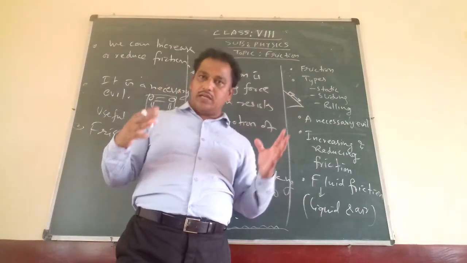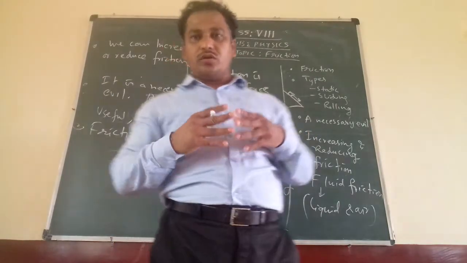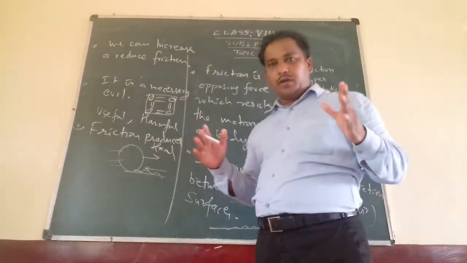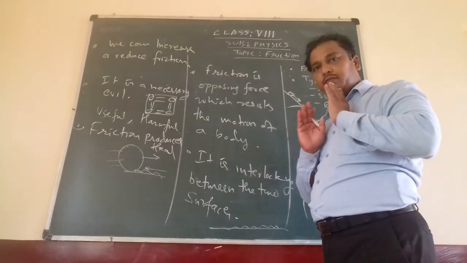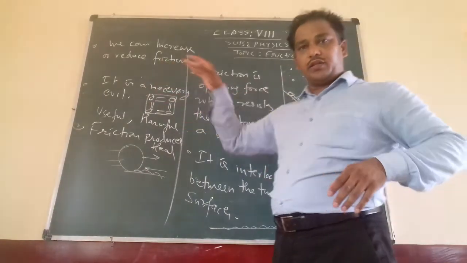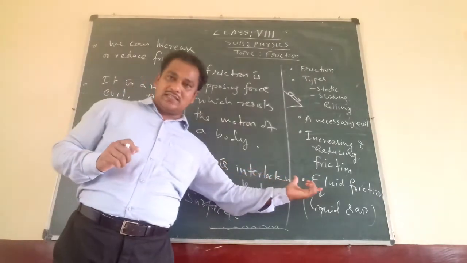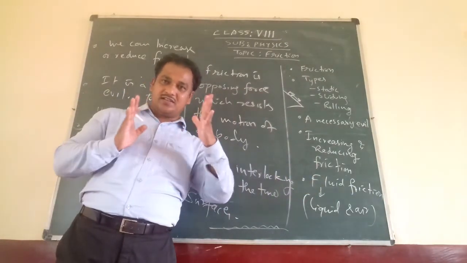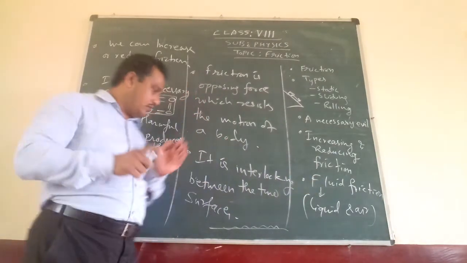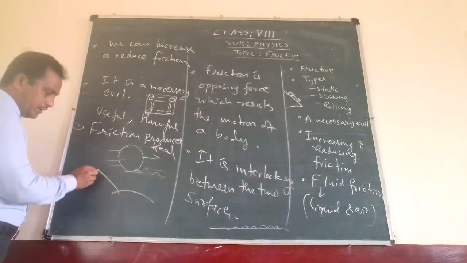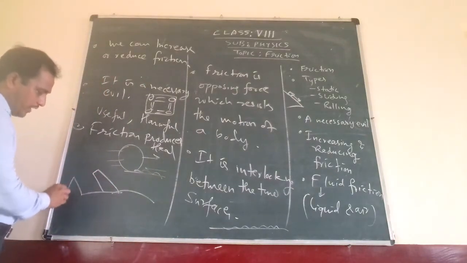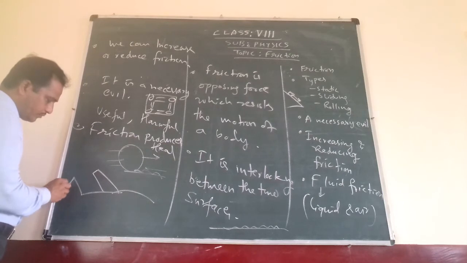Similarly, the aeroplane is made in that shape, a streamlined body which easily moves, getting the drag. The resistance of the air is least when the body is made like that, and it is easily able to fly in the air.